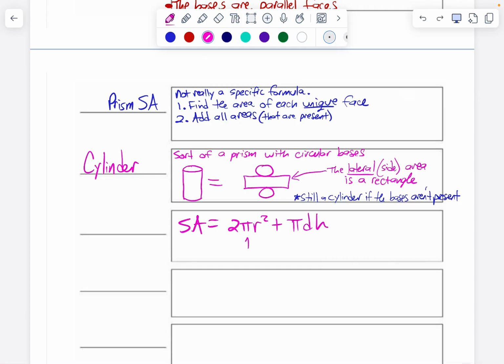And let's just be clear, this is the 2 circular ends, and then this is the lateral rectangle, which is circumference times height. Okay, that one's probably worth boxing.